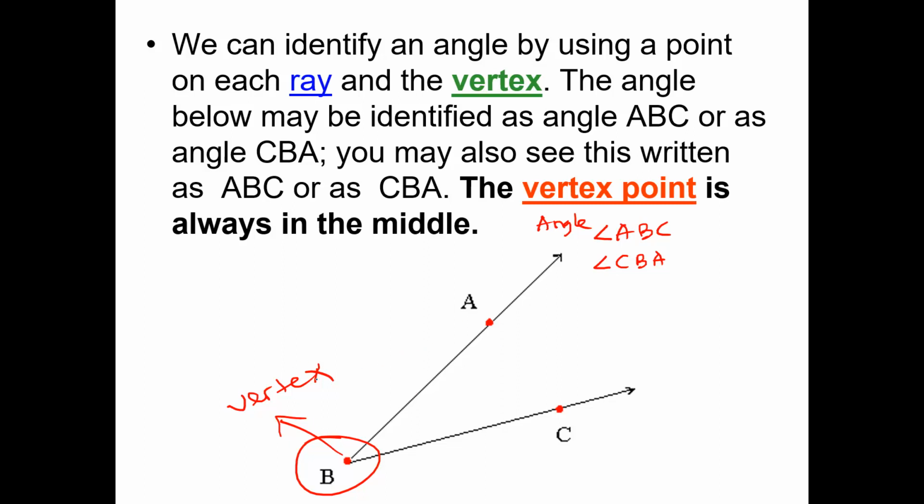In this angle, the vertex is B, so B is in the middle. If I name this ACB, it would mean the vertex is C, but in this image the vertex is not C, so this would be incorrect.